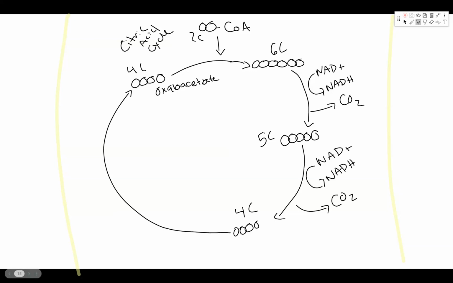That 4-carbon intermediate is going to have a lot of stuff done to it. So we're going to go from a GDP, or guanine diphosphate, to a GTP. We're going to have an FAD get turned into an FADH2.